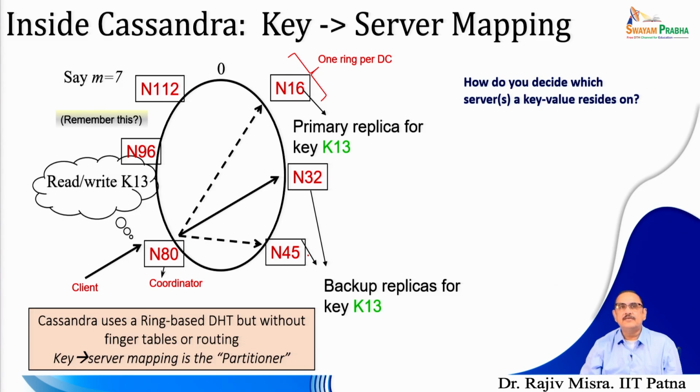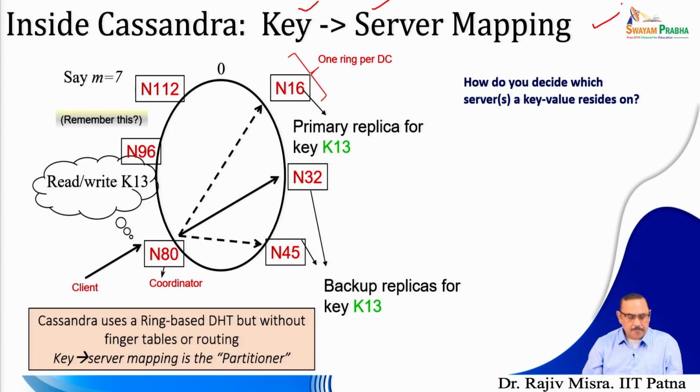Let us see the inside design of Cassandra. The first important operation which Cassandra supports is called key to server mapping. Given a key, because the key and value together have to be stored in Cassandra, the important thing is in which server it is going to be stored. That is called key to server mapping.